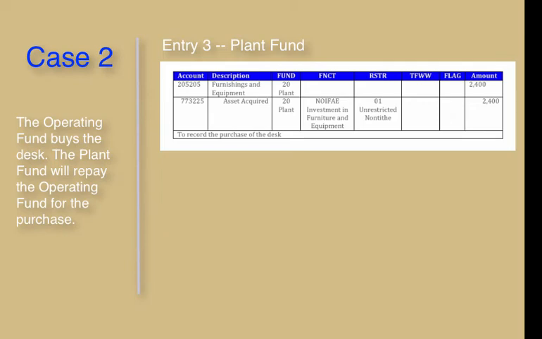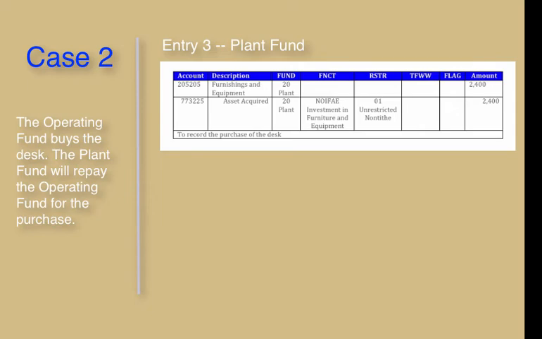And the analysis that we need is Fund 20 and a function of NOIFAE, investment in furniture and equipment, with a restriction of 01 for unrestricted non-tithe. Notice that this time the function is invested in because we've actually turned the liquid assets into an actual physical asset. And this is where we will also set up the asset record.